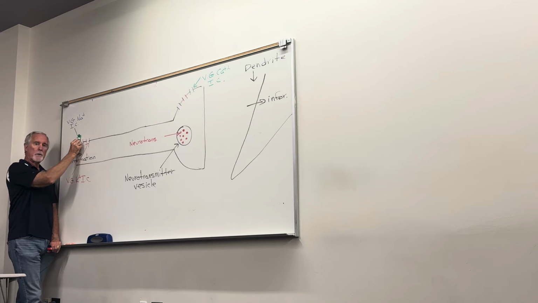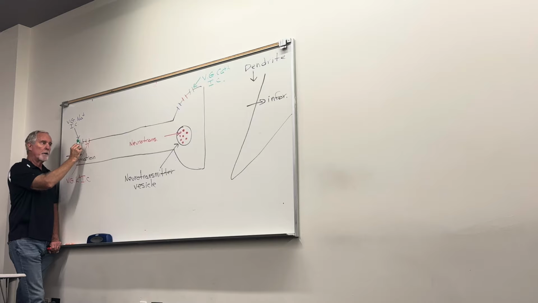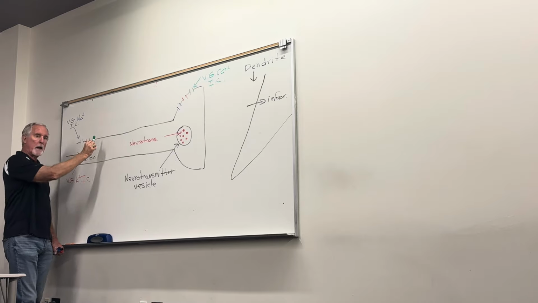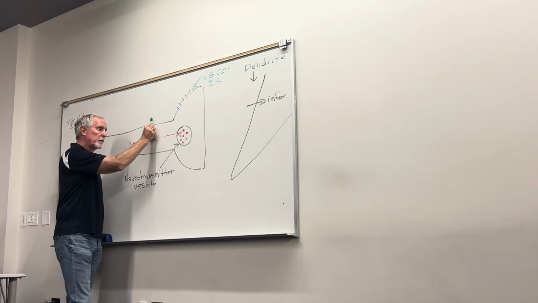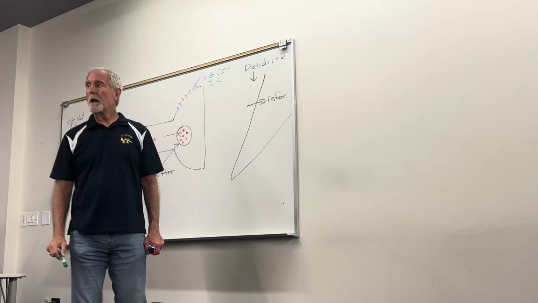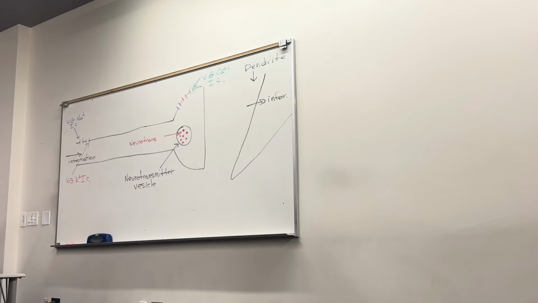And that causes the adjoining membrane to reach threshold, where all the voltage gated sodium ion channels open up in all or none, which causes the adjoining region to get to threshold and all the voltage gated sodium ion channels open up. And this process of renewing the action potential as it spreads down along the length of that axon is known as what?